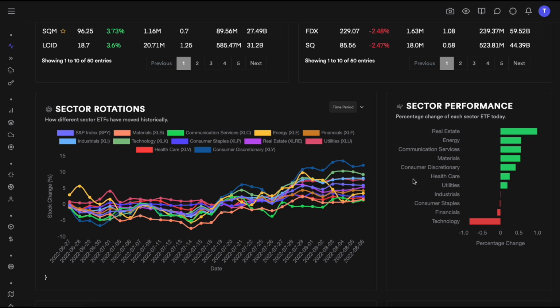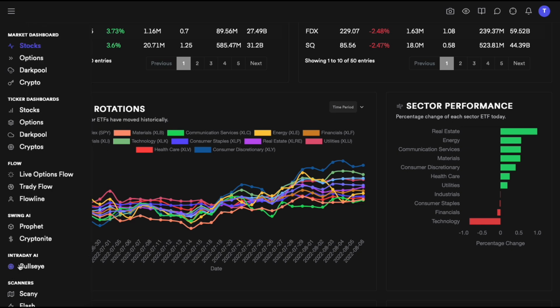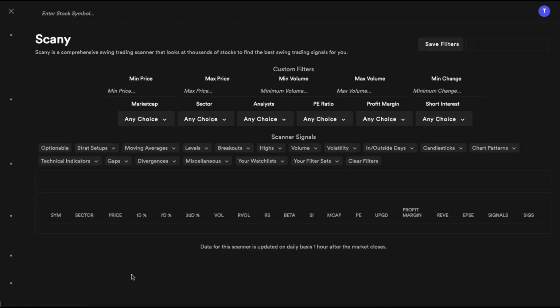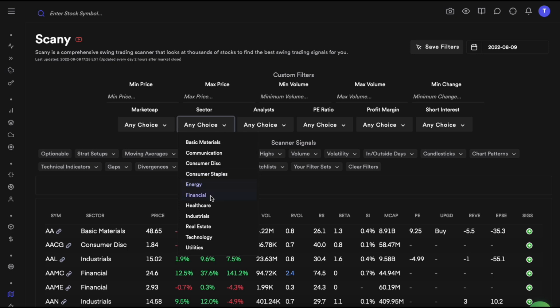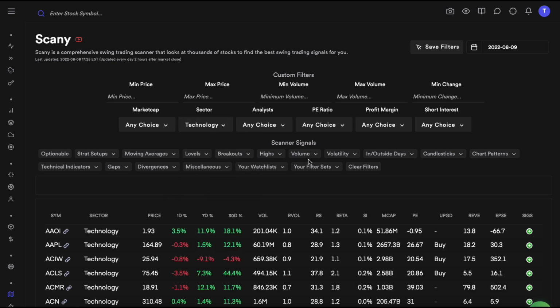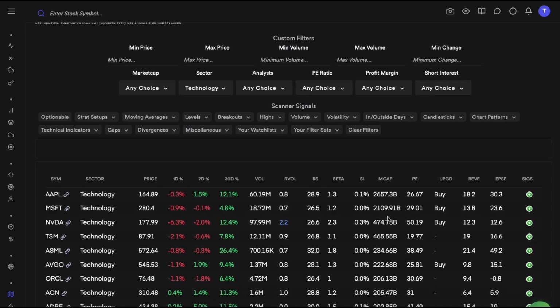Okay, so based off of this chart, we know that consumer discretionary and technology sectors are doing good. Now with that knowledge, what can we do? So the first thing we can do is go to Scanny, which is our daily scanner, and just filter by sector. So let's filter by technology, and then let's look at the top stocks in this sector.